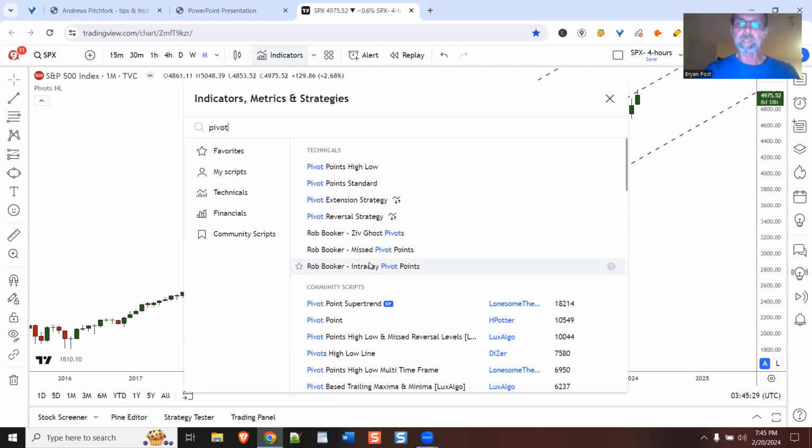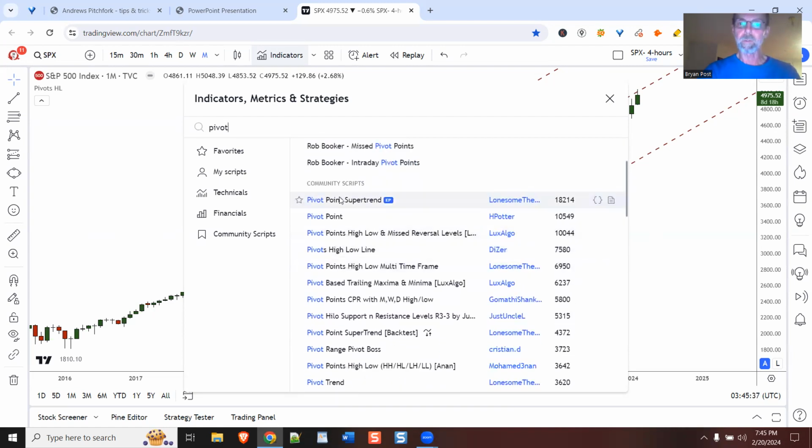Well, I guess all of these tools are provided by TradingView itself. And then we get into tools that other people have developed and made public.